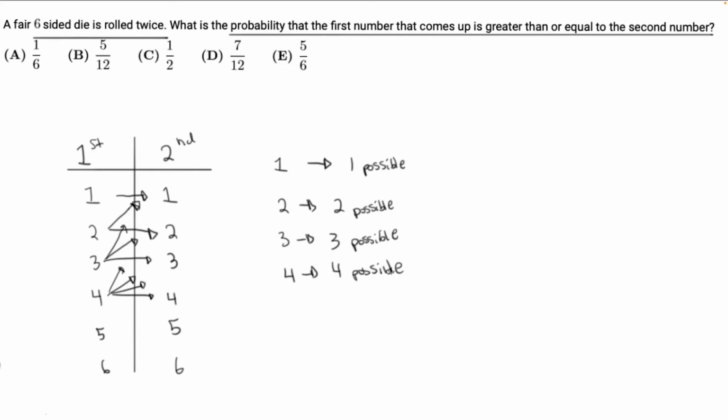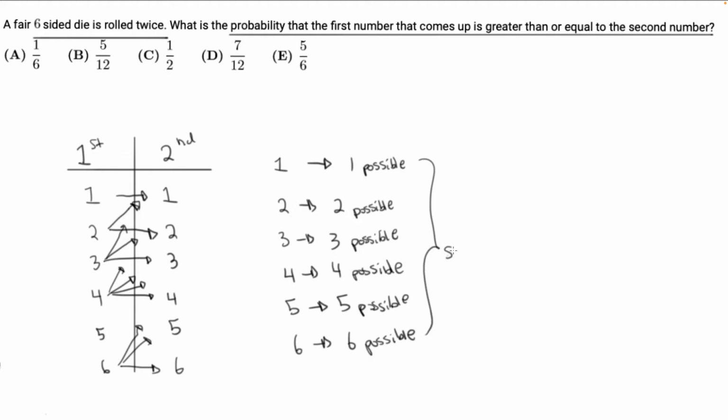If we go all the way to the number 6, from 5 we have 5 possible. And then number 6, we have 6 possible, since it's greater than the numbers 1 through 5 and equal to the number 6. And then we have 1 possible, 2 possible, 3, 4, 5, and 6.